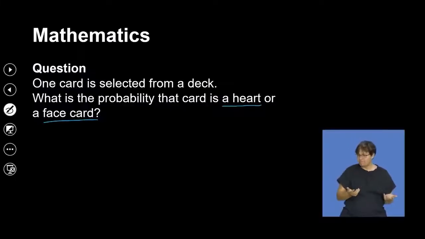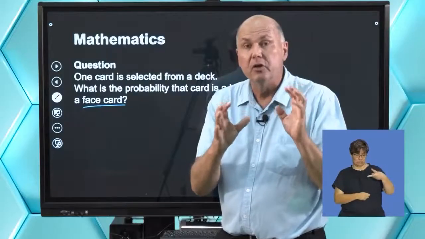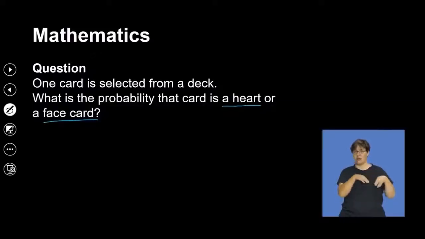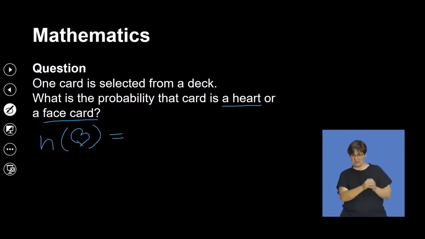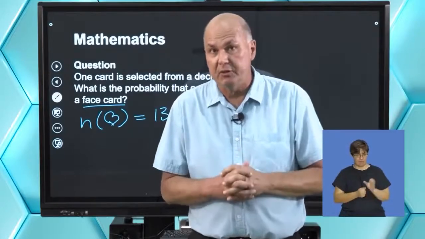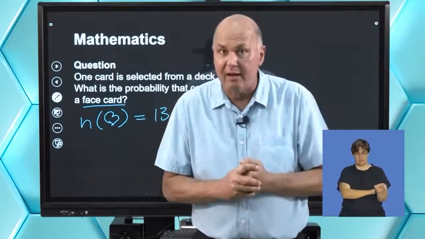So what are we asked here? We're asked to look at 2 conditions. The first condition is that the card is a heart. So we want to know the number of hearts. My heart isn't very clear there, but I'm sure you can recognize that the number of hearts in the deck is going to be 13, because they all belong to the suit of 13. Now, what is the number of face cards?